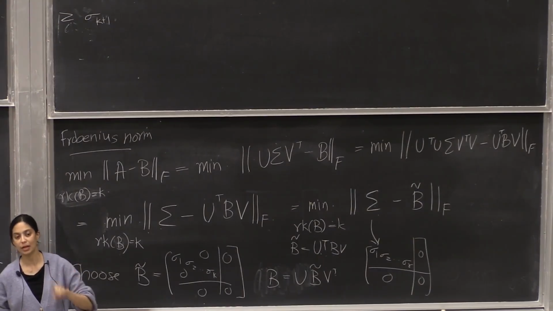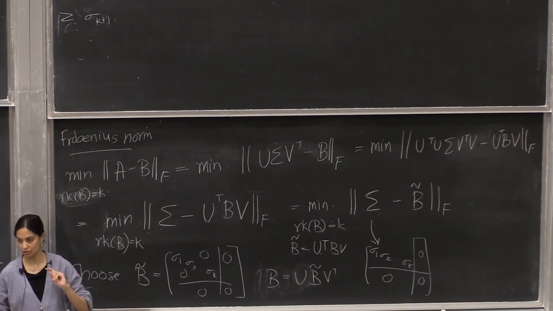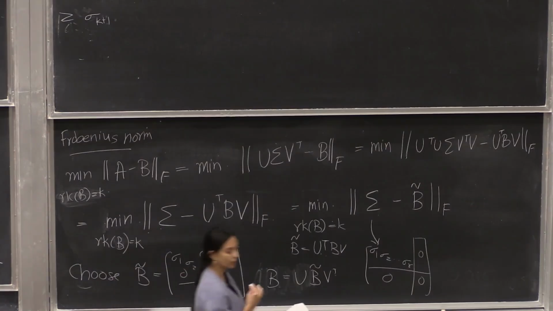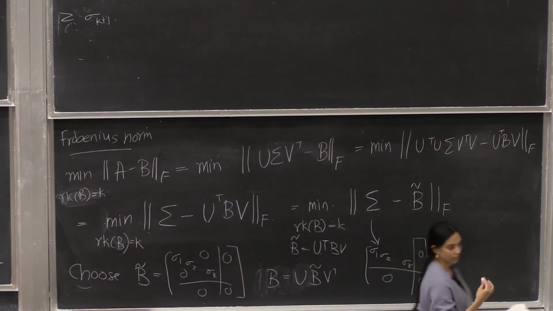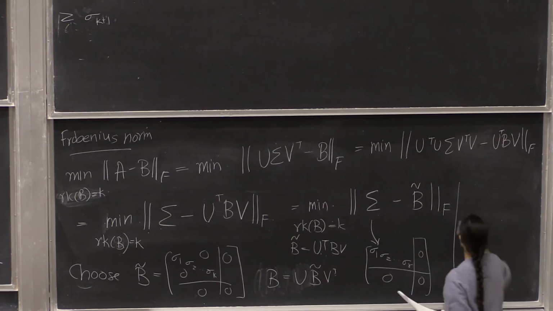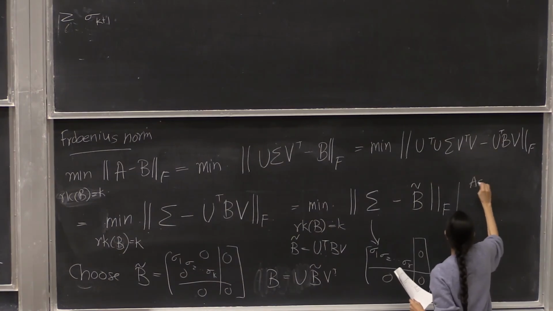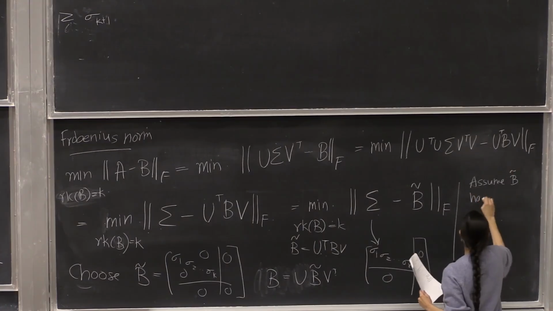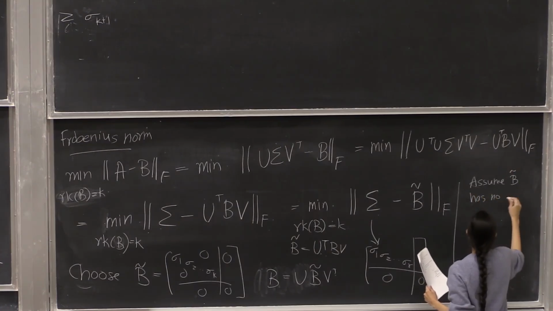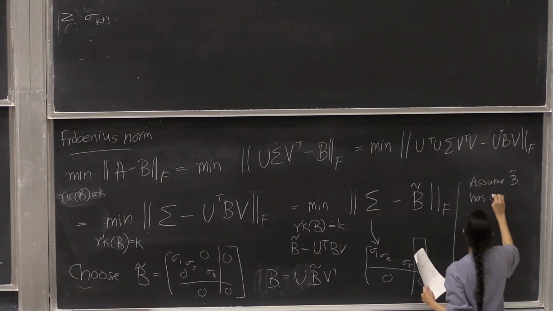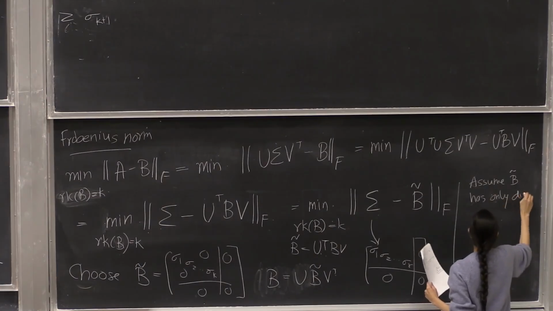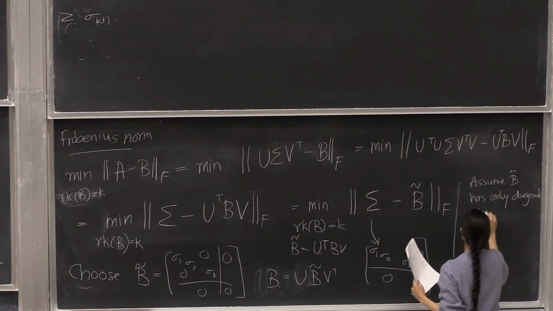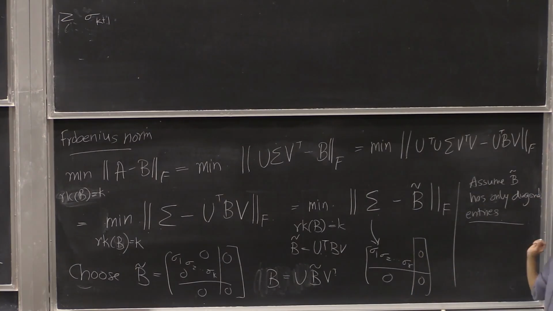That is something that is not necessarily feasible. So basically, what I want to say is that we cannot say what we said without loss of generality. I said basically, assume b twiddle has only diagonal entries, right?